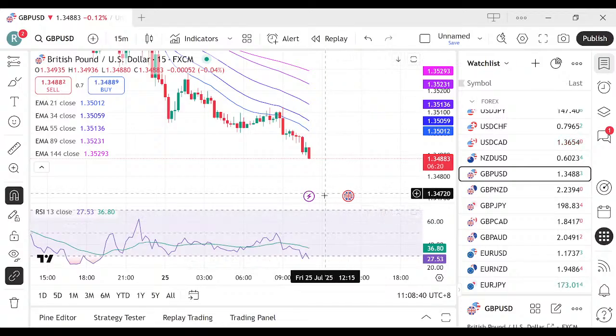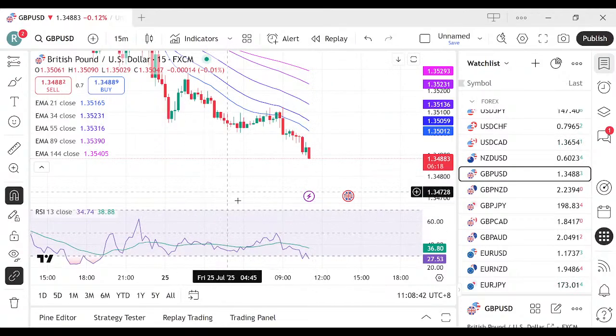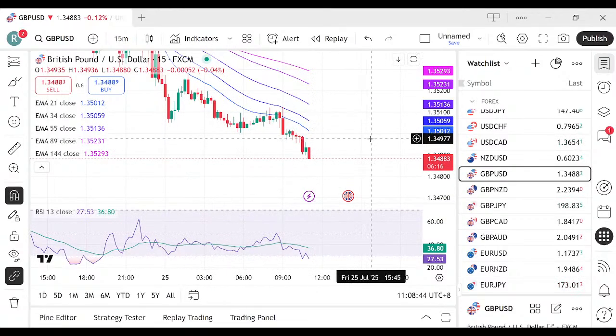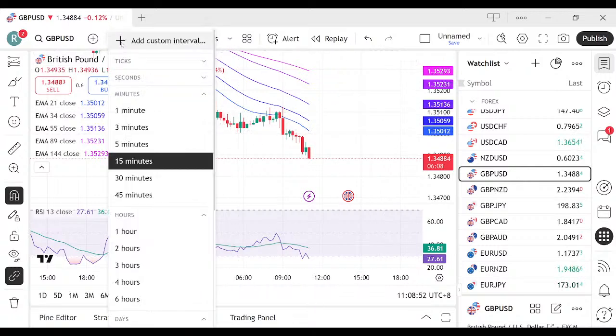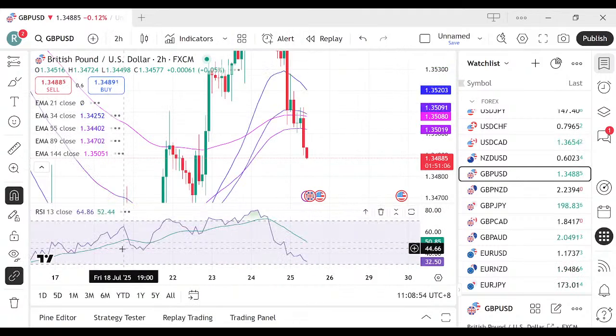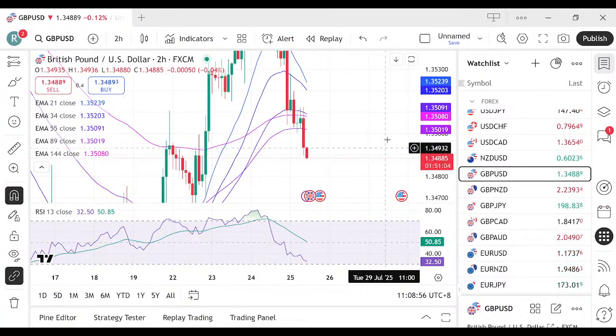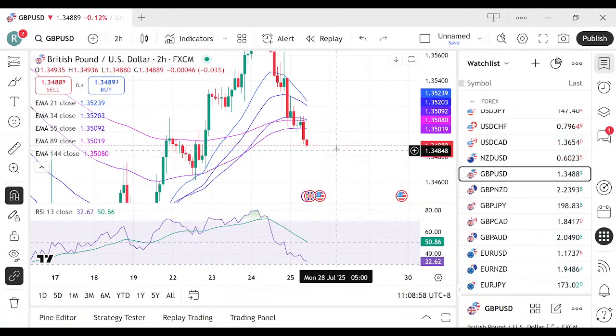Okay, so looking at this, we should be seeing the price holding 35, and we need to know what is our scalping target and what is our day target.